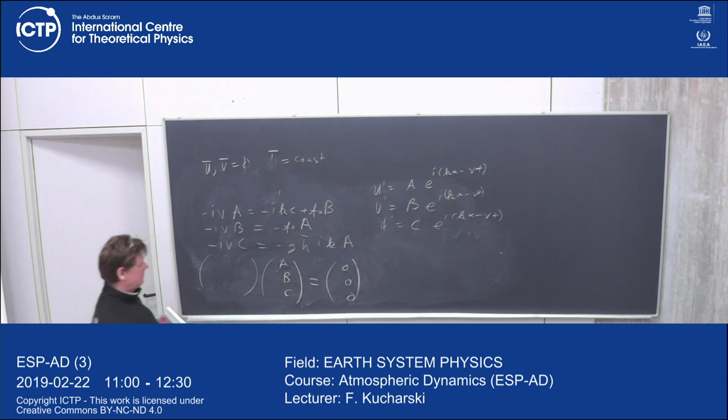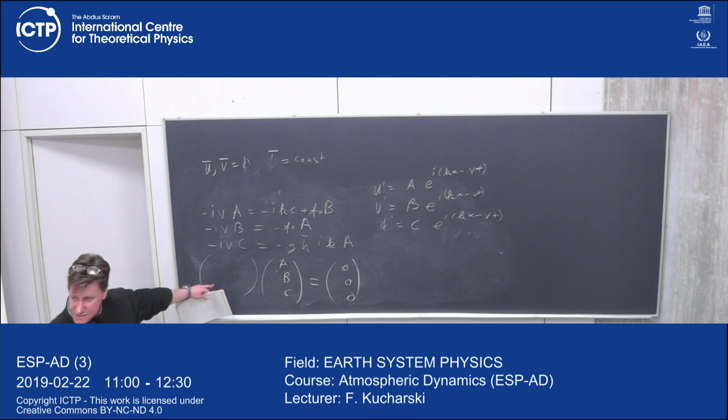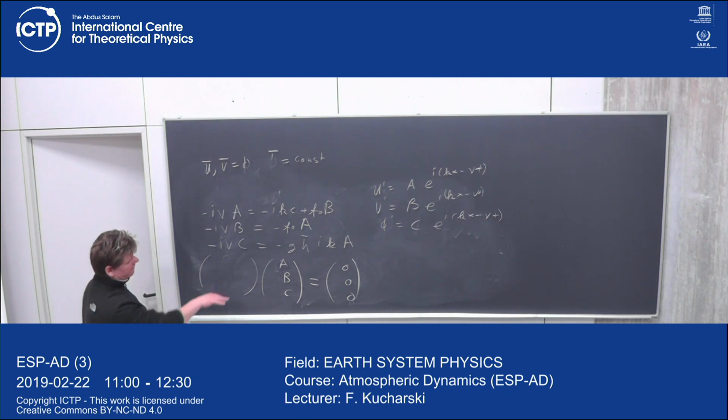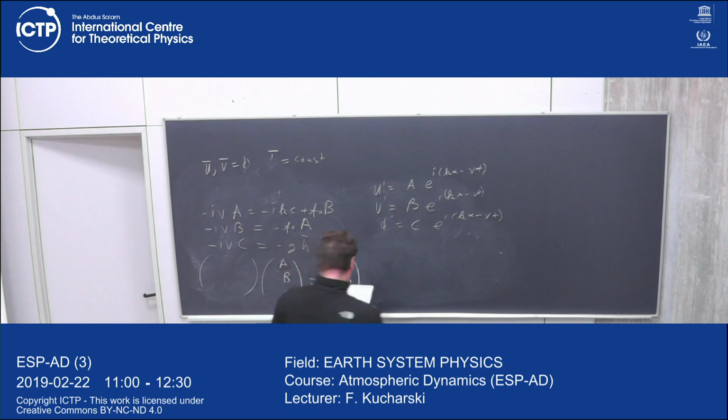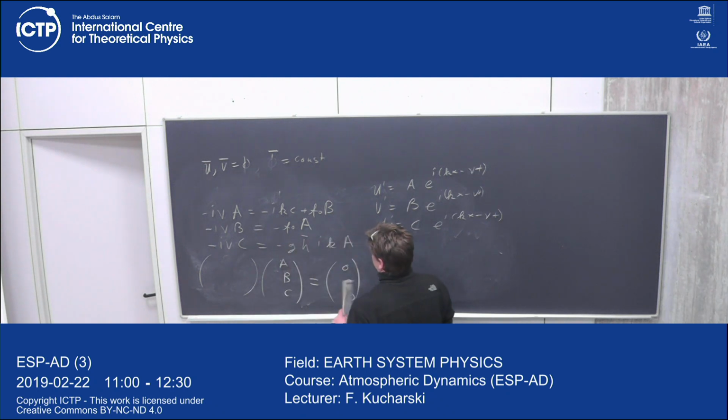The standard way is that we demand that the determinant of this matrix is equal to 0. So we know how to do this. We can identify what it is, and you can almost guess what these waves are.